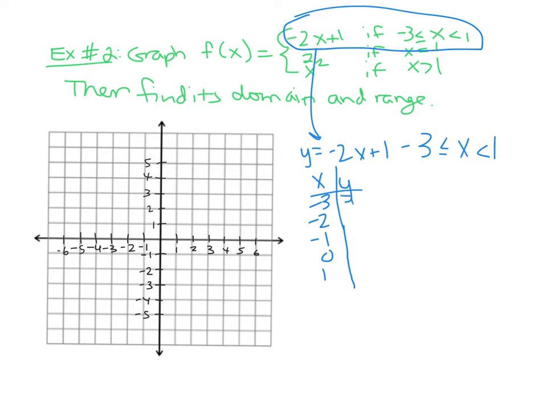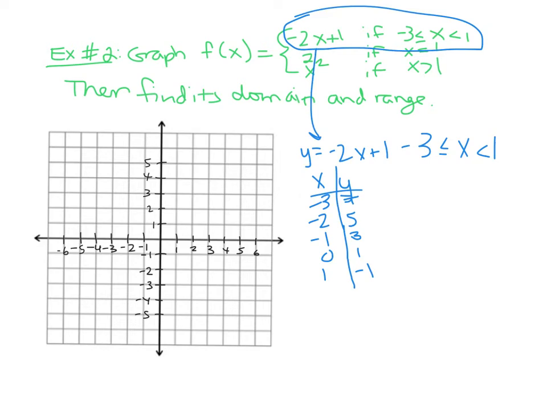So that gives me a point at 7. Then I have a point at 5, a point at 3, a point at 1, and then a point at negative 1. So then I'm going to plot out those points right here.